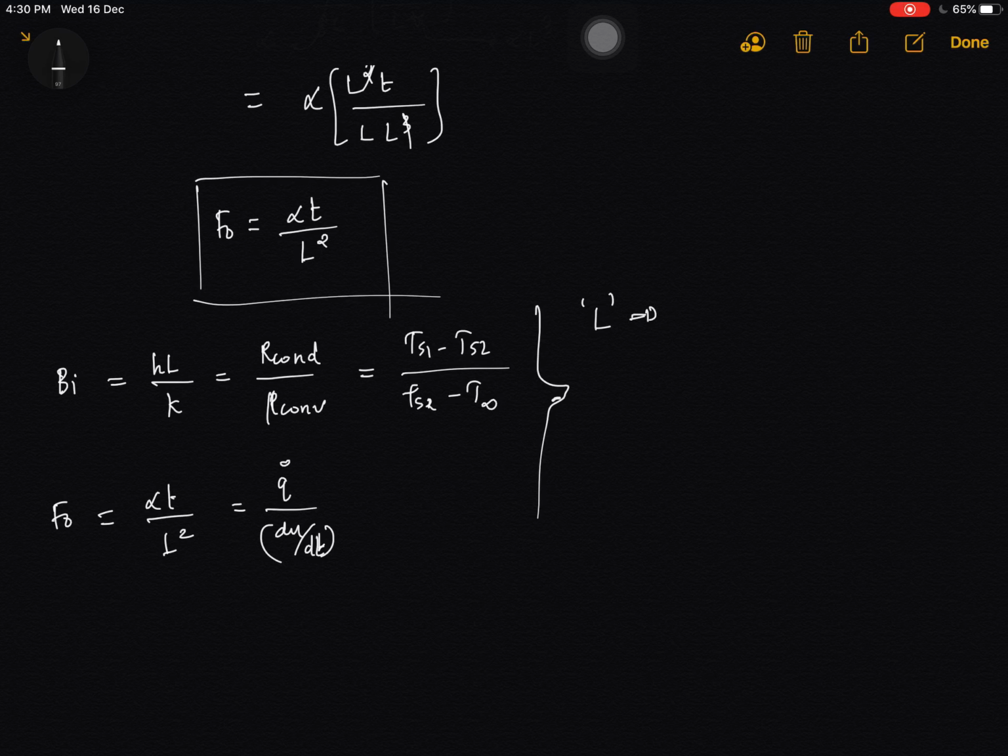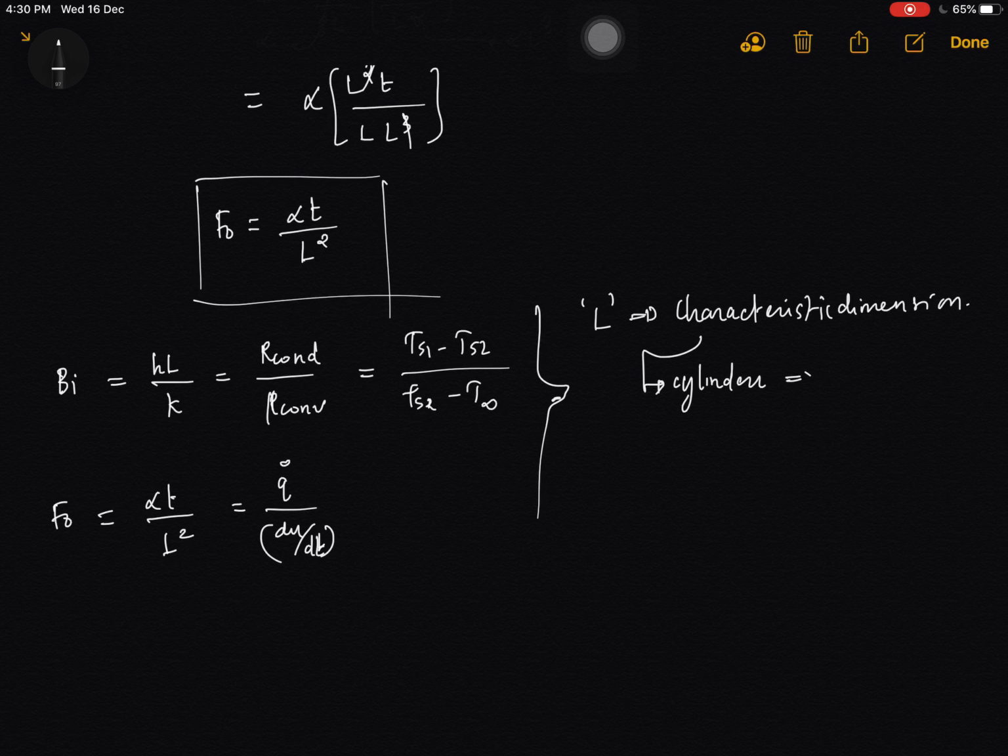In these two cases we see the letter L, which is the characteristic dimension. It is not a length in the physical sense, and this characteristic dimension will be different for different geometries.